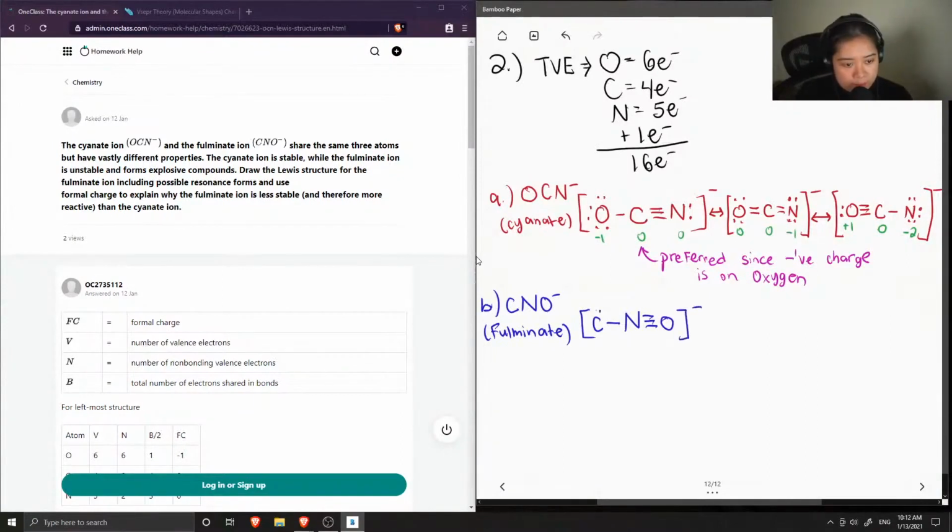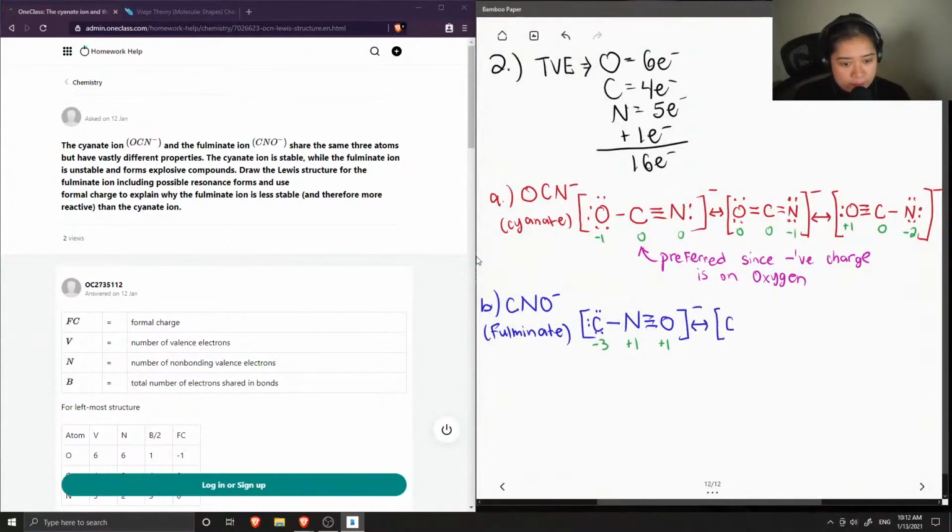And this carbon would have 3 lone pairs. So if we were to calculate the formal charges for each of these ions, the carbon would have a -3 charge. This nitrogen would be +1, and the oxygen would also be +1. And that's how it has its -1 charge.